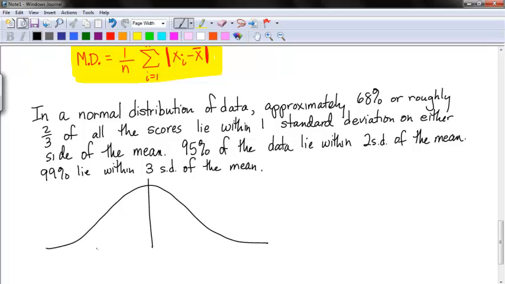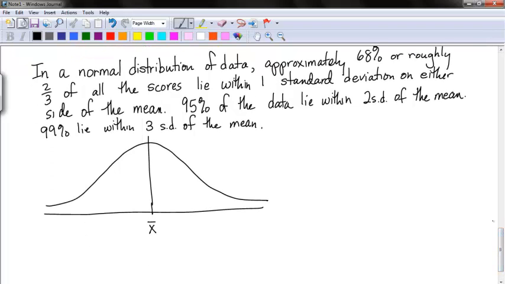Okay, and if you were looking at a graph, this in the middle would be your arithmetic mean. That would be your X bar. And if it was a normal distribution of data, 68% of the data would lie in here. So this would represent 1 sigma. This would represent a -1 sigma. So this point is actually the arithmetic mean plus 1 standard deviation. This point would be the arithmetic mean minus 1 standard deviation.